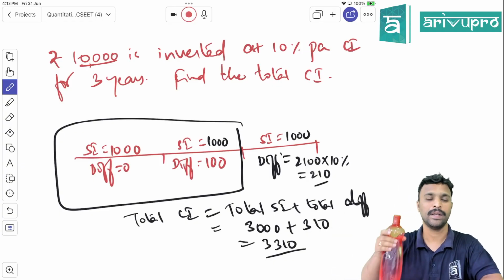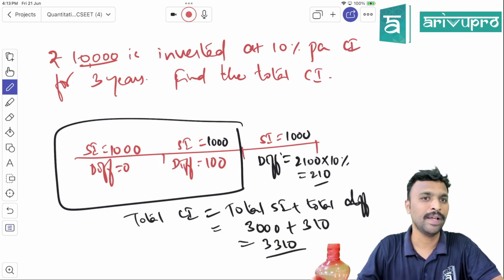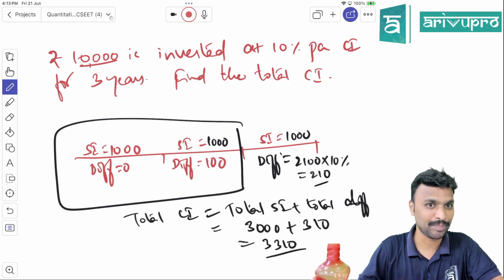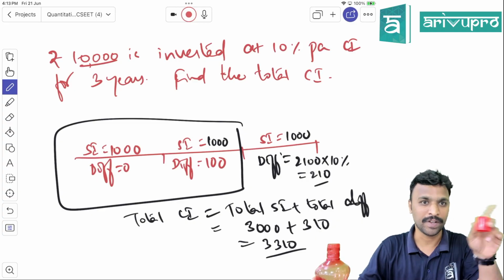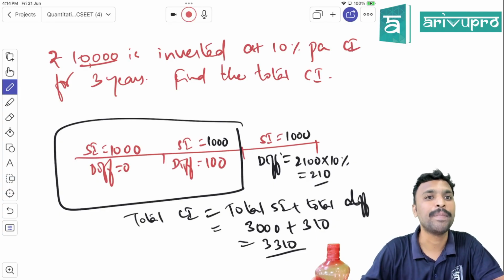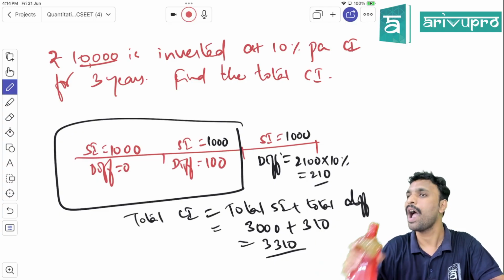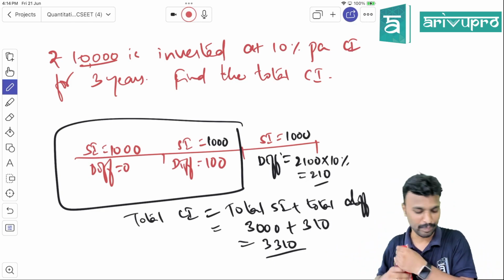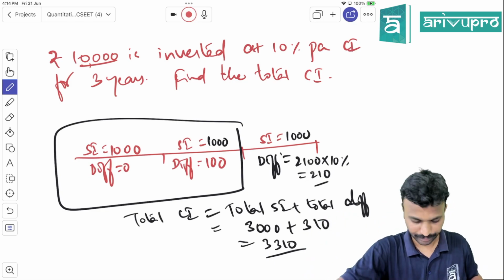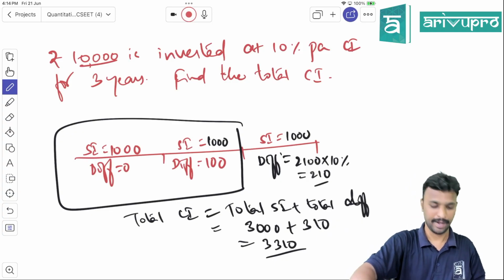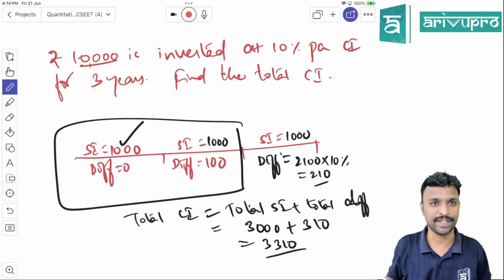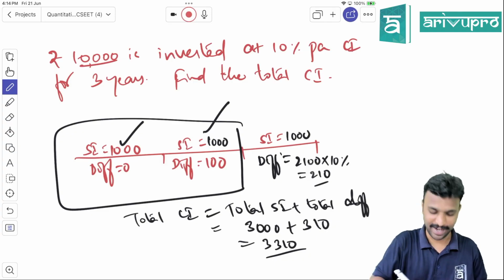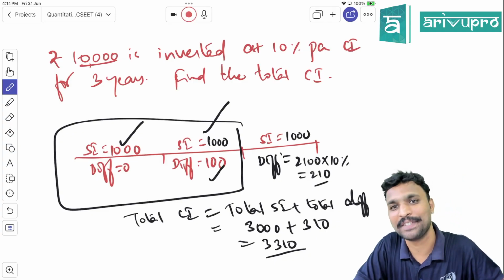So how to find the third year difference? 2 year SI plus 10% on first year SI. You have to take 10% on this, 10% on this, 10% also on this.